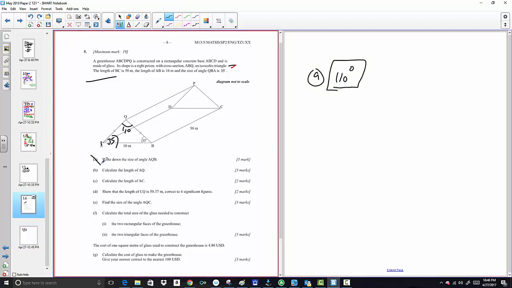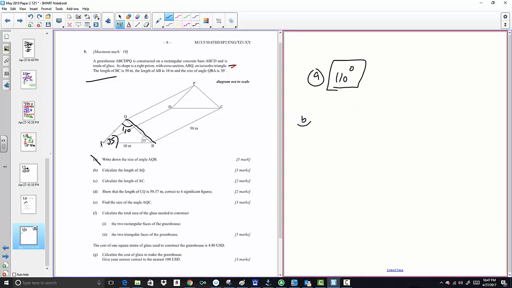Really simple. Calculate the length of AQ. All right, so they want to know AQ, but that's the same thing as the length of QB. Now there's a couple ways you could do this, but what I'm actually going to do is use the law of sines.